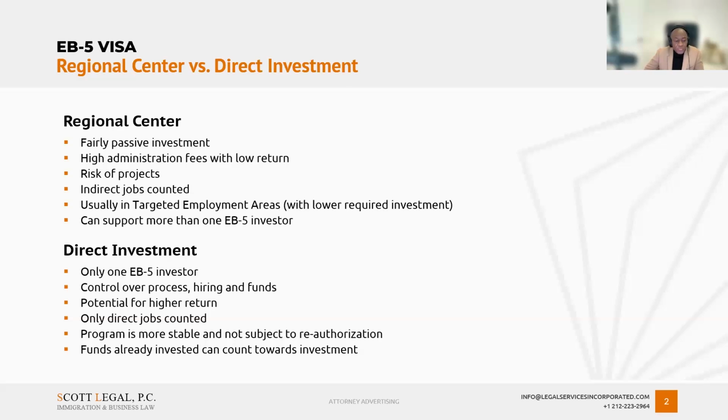But the profile of an individual who's investing in the direct investment program, they really want control over the process. They want control over the return. They want control over who they're hiring. They're not really interested in a passive investment.